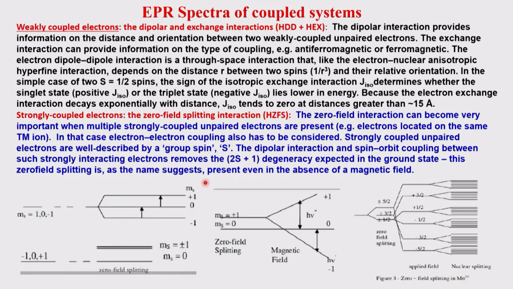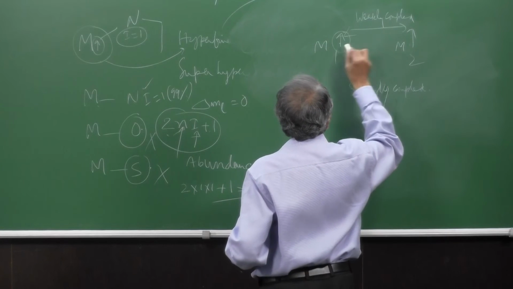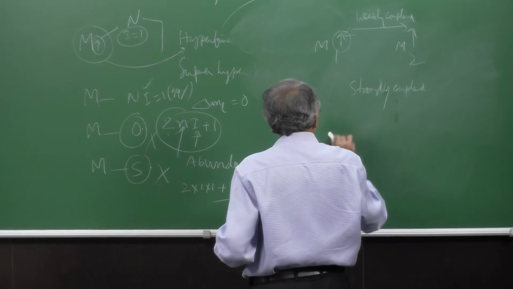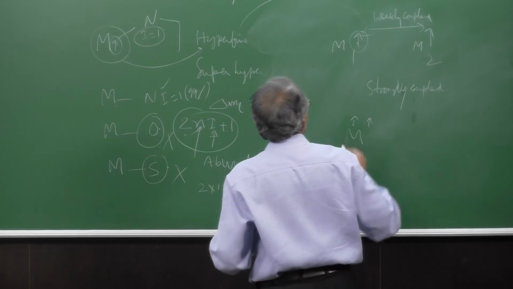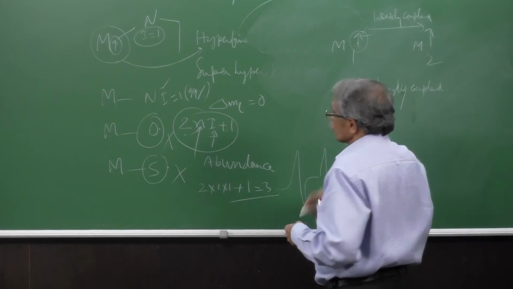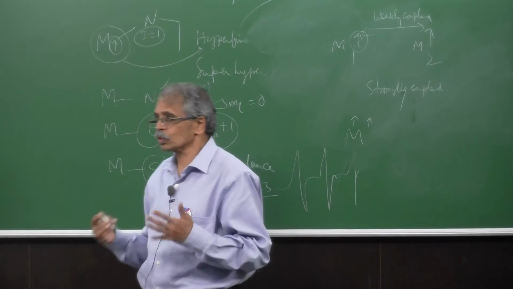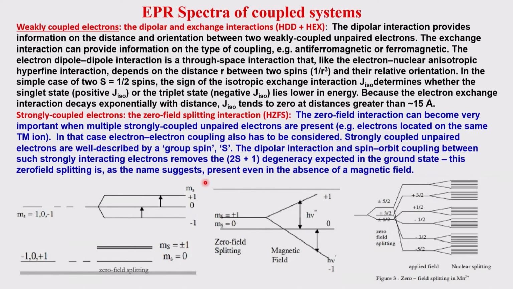In the weakly coupled case, we are not talking about the nucleus here, we are talking about the 2 spins, the 2 metal ions, or it could be 2 unpaired electrons on the same metal. They can be interacting weakly or strongly. The weak interactions are coupled through distance-based interactions.